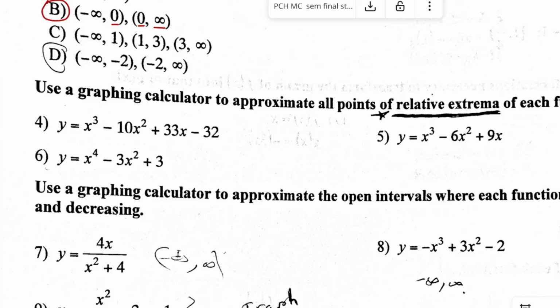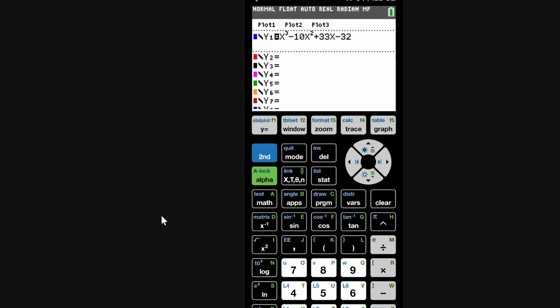And number 4, use graphing calculator to find relative extrema. So let's do number 4 first. We're just going to type that into our TI-84 and then we'll graph it.